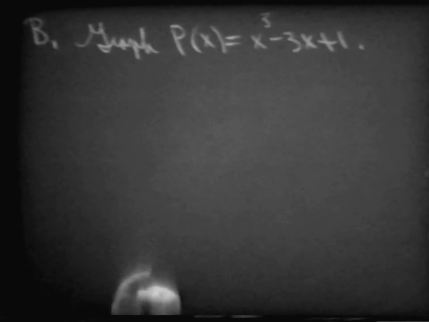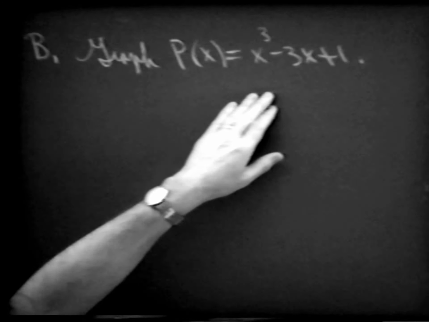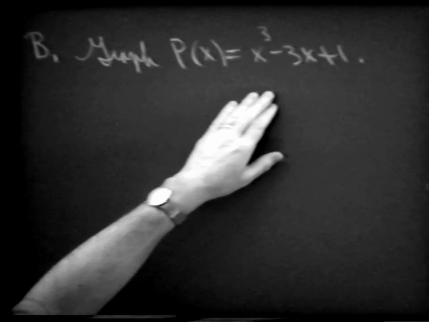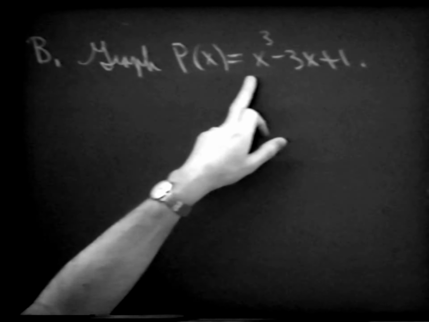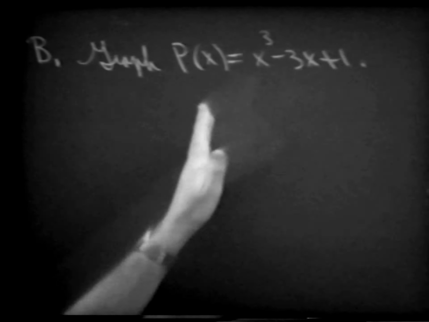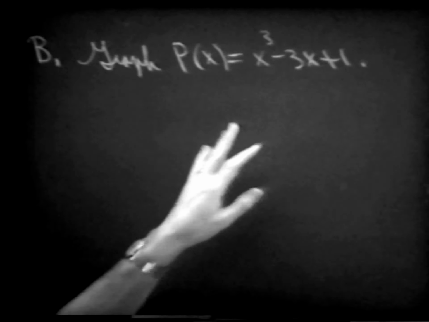Well, this method of synthetic substitution, synthetic division, will help us find lots of ordered pairs of numbers. We know that it's a cubic, and since the coefficient here is a positive number, it must increase from left to right, and we have some idea of what the graph is going to look like.